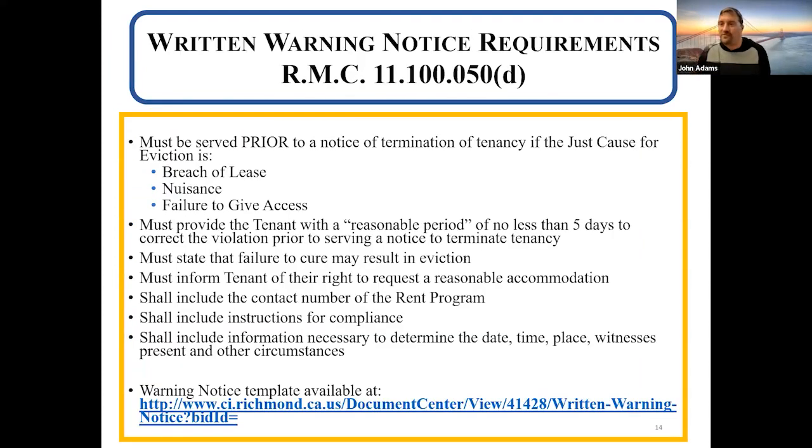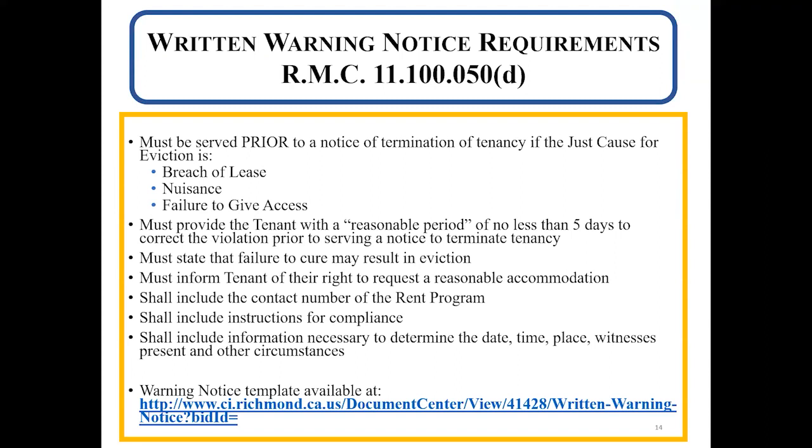If you want to do an eviction in Richmond, we also have certain noticing requirements. Si quieren hacer un desalojo en la ciudad de Richmond, también tenemos requisitos para hacer eso. The at-fault evictions of breach of lease, nuisance, and failure to give access require a written warning notice to the tenants and give them the opportunity to fix the issue for which you are attempting the eviction.